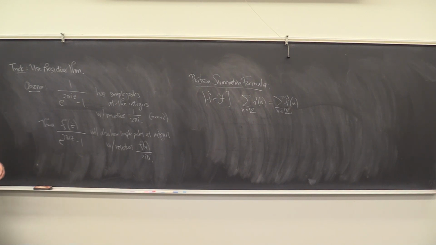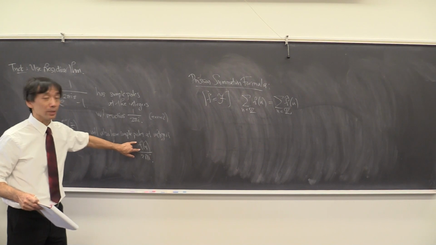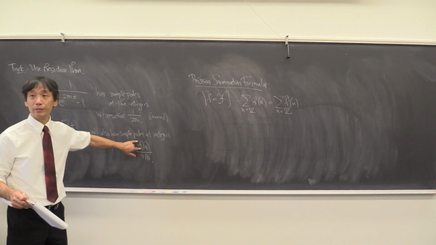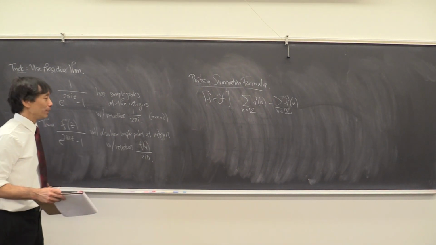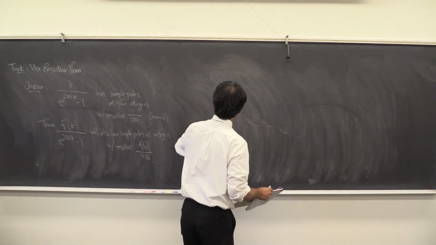Now we're going to use the residue theorem on this guy, and we'll sum up all the poles, and that will give us an expression for the sum of all the values at the integers of f. This is a pretty cool idea.